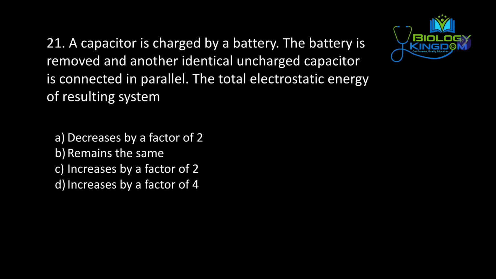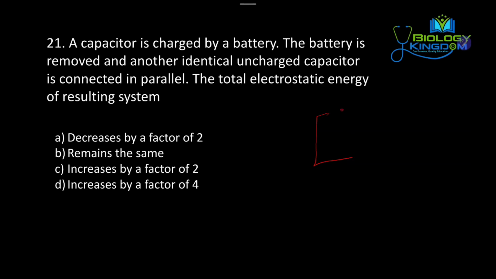Now we'll move further. Here's another question. A capacitor is charged by a battery. The capacitor is removed and another identical uncharged capacitor is connected in parallel. We have to find the total electrostatic energy. First we'll see the arrangement.